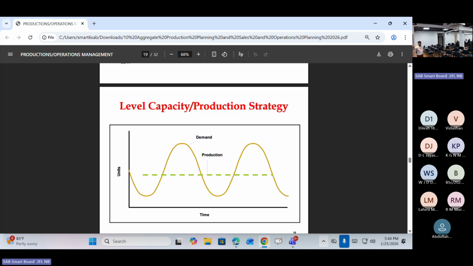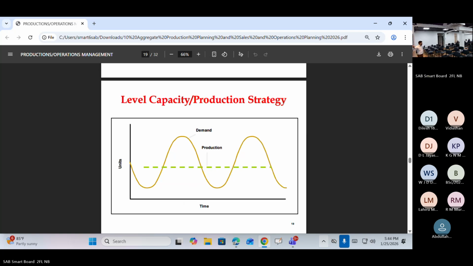Say, for example, during the initial few months, production rate is at this level, demand is low. They produce high, demand is low. Then what happens? You gather all the inventories.